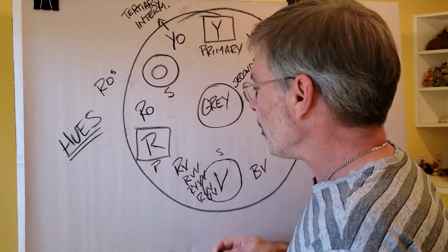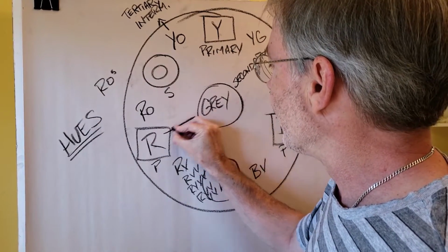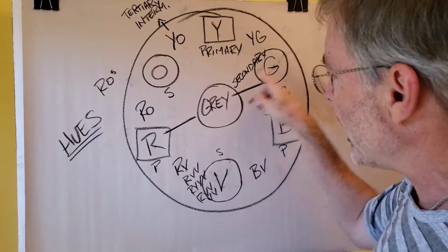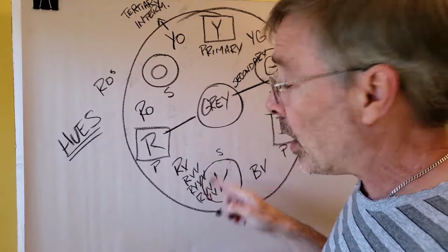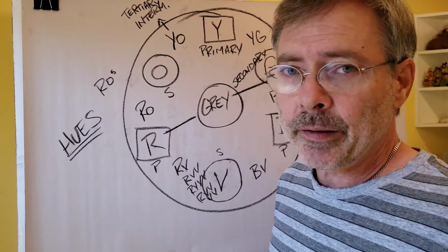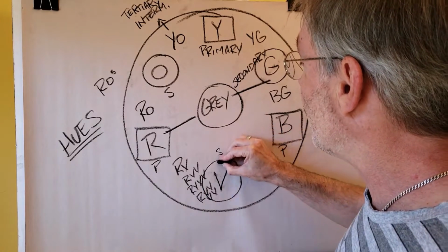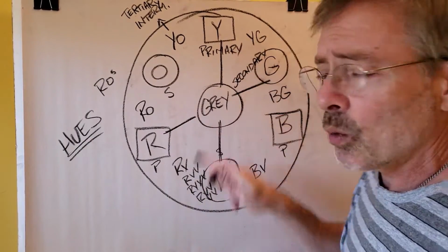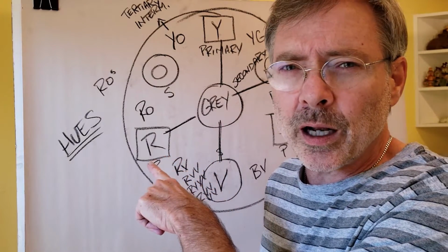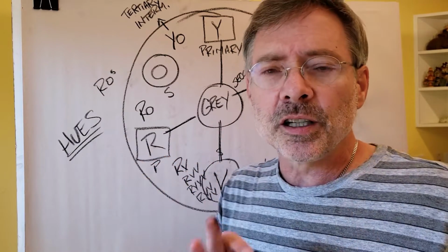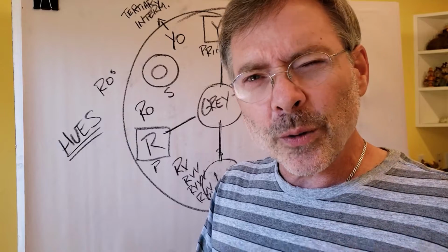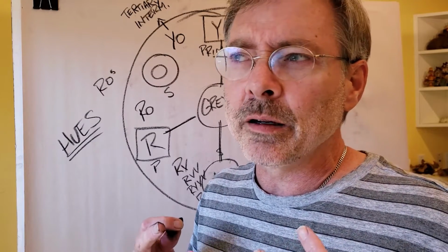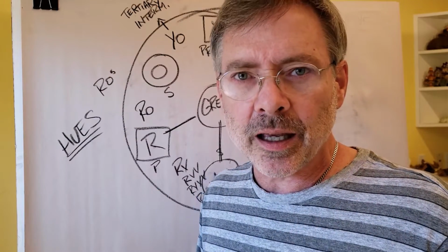For example, when we mix red with a green straight across the color wheel, we'd get a gray. What would happen if we mixed violet straight across the color wheel with a yellow? Well, we would get a gray. Now, I want you to understand the logic behind this, because if you understand this, it makes the color theory a little bit easier to get.